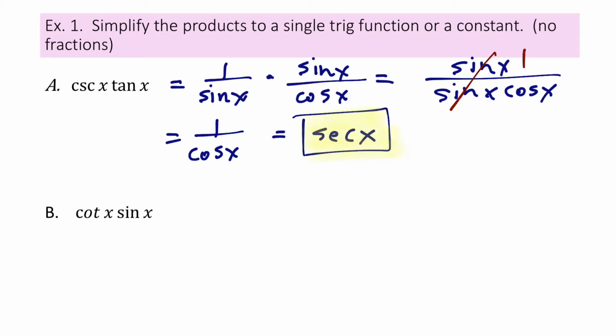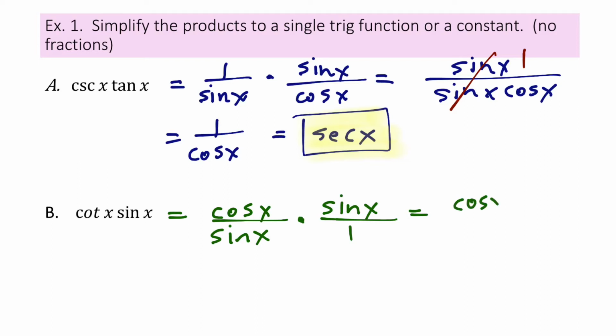So for part B, we're going to do some substitutions using the fundamental identities. So we know the cotangent of x is equal to the cosine of x over the sine of x, and that's multiplied by the sine of x. So we can put a 1 underneath there. So that's equal to the cosine of x times the sine of x in the numerator, and then sine of x times 1, which is sine of x, in the denominator.